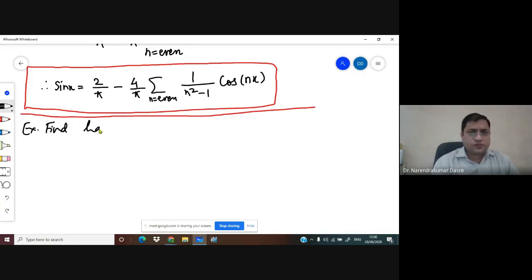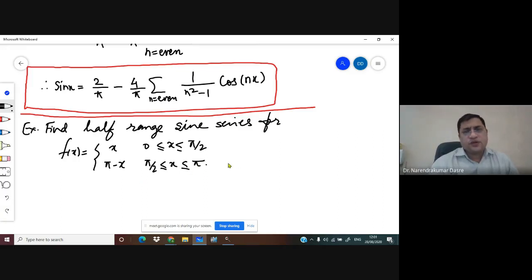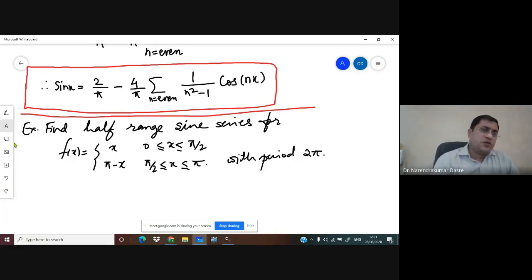Find the half range sine series for f of x equal to x for 0 less than or equal to x less than or equal to pi by 2, and pi minus x for pi by 2 less than or equal to x less than or equal to pi, with period 2 pi.